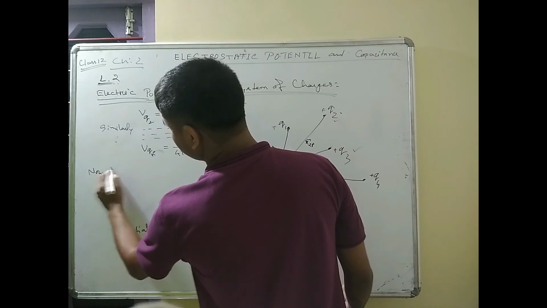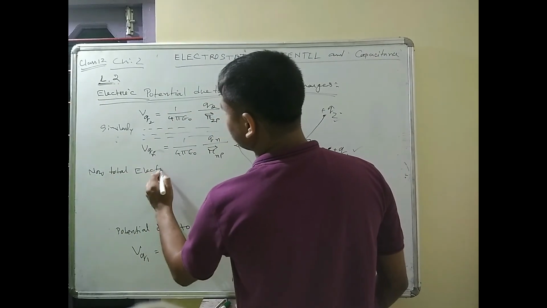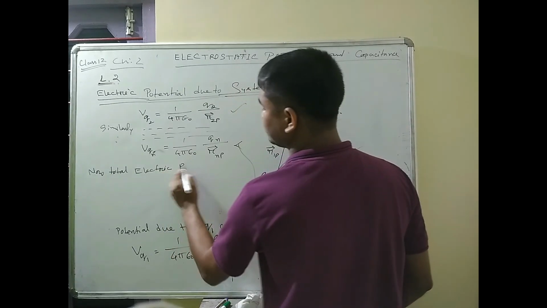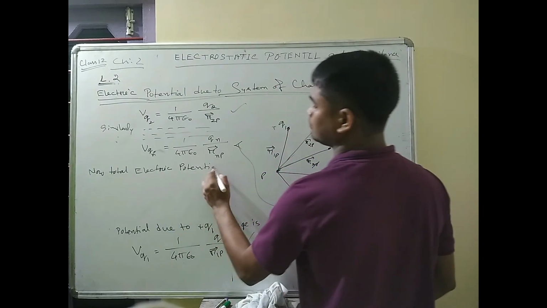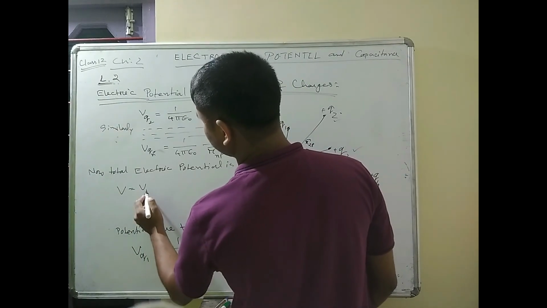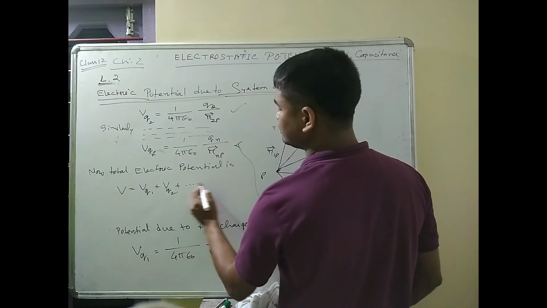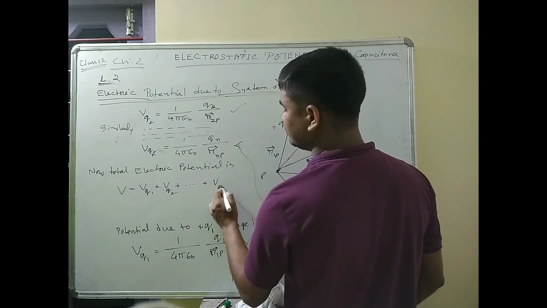Now for the system of charges, the total electric potential V is equal to V due to Q1 plus V due to Q2 plus up to V due to Qn.